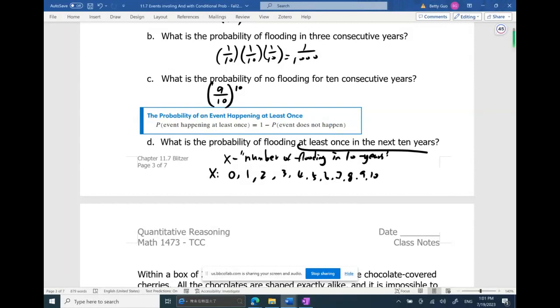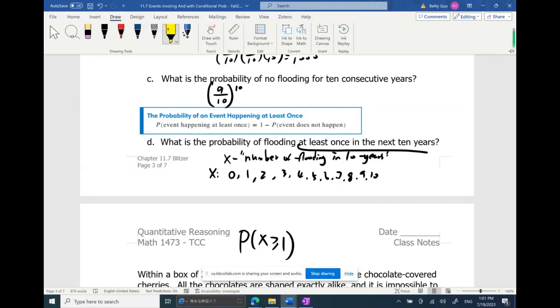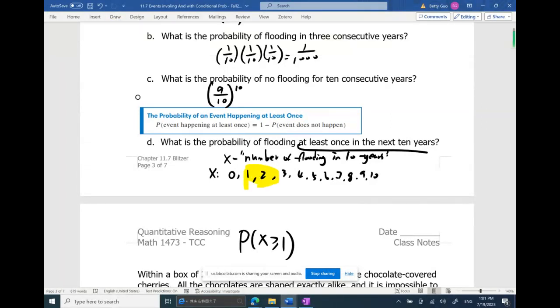And the probability we are trying to figure out is the probability of flooding at least one time. So we are looking for the probability of x bigger than or equal to 1. That includes all those at least 1: exactly 1, exactly 2, exactly 3, all the way to exactly 10, right? And what is the complement?